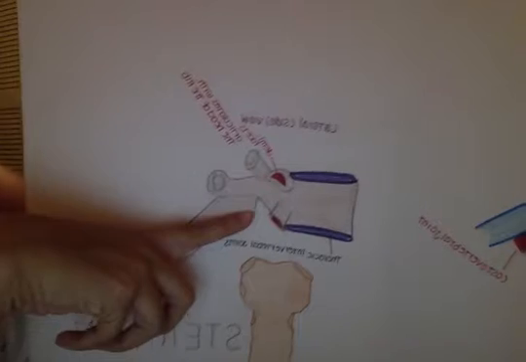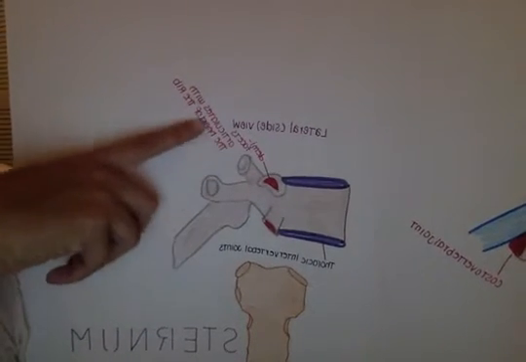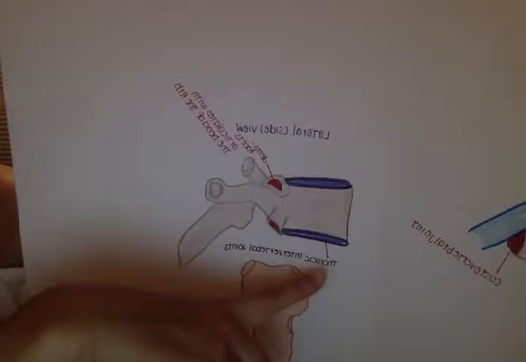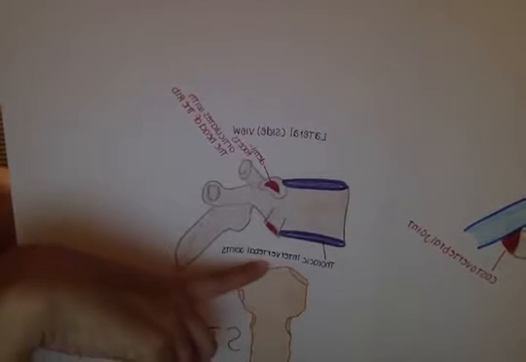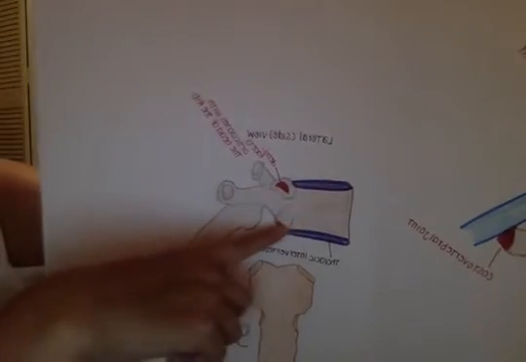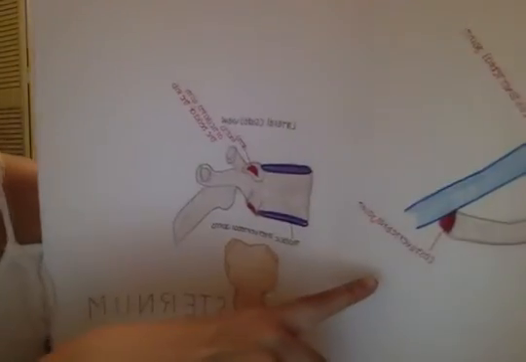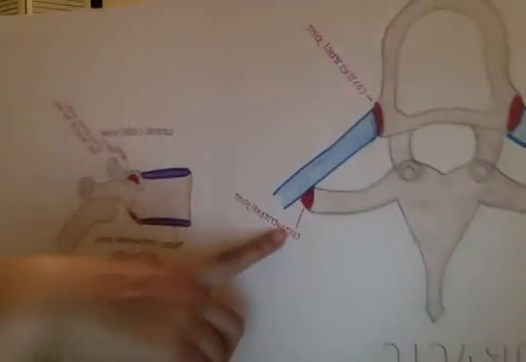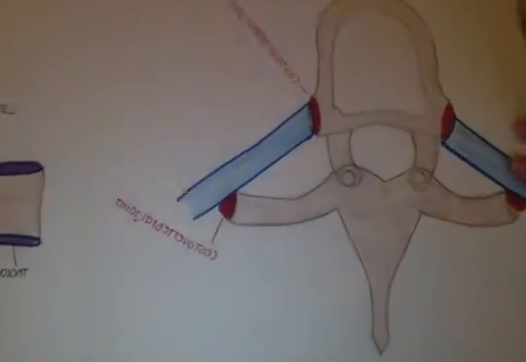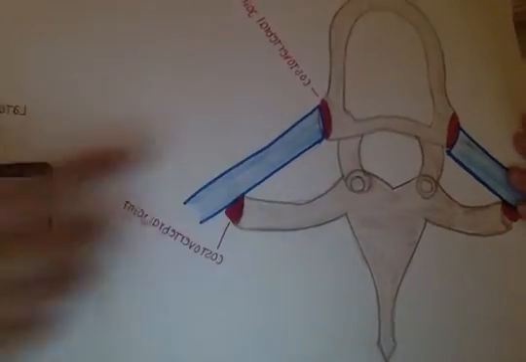In this one, the demifacets articulate with the head of the ribs. You also have the thoracic intervertebral joints, which is what is in purple. And then you have the costovertebral joints, which are labeled all in red.